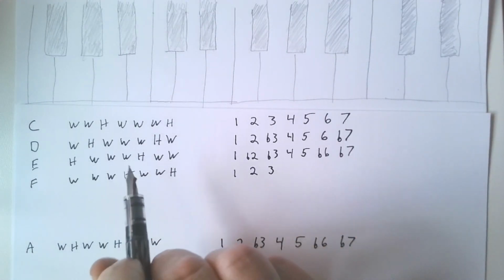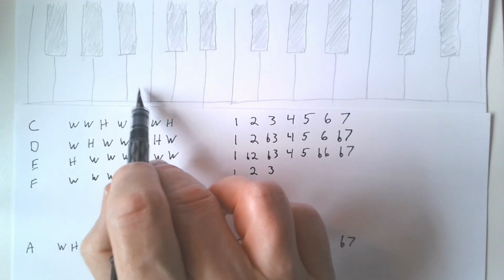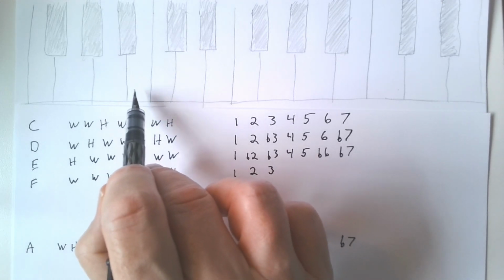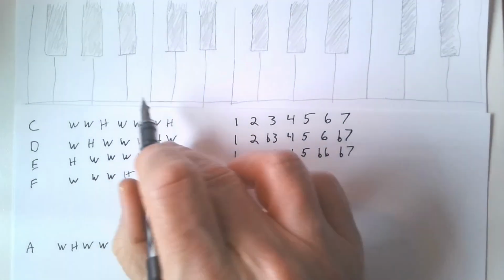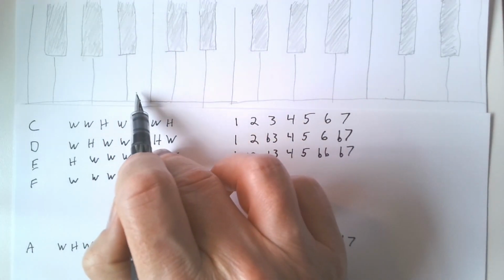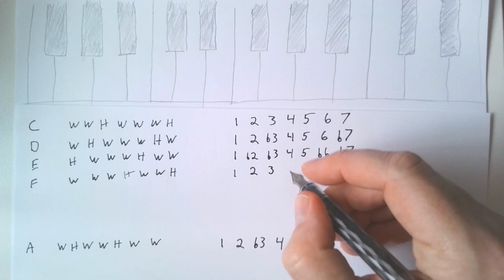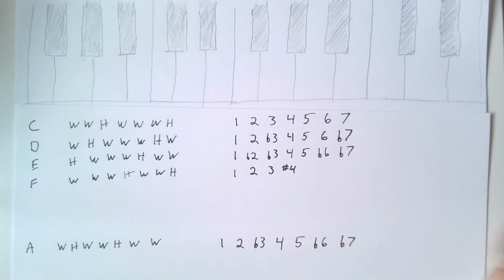The problem is this whole step right here. So this is the 1, the 2, the 3, but it's a whole step, not a half step, to that 4th. So that is not going to be the 4. The 4 would have been the B flat, but the 4 here is going to be B natural. We're going to call that the sharp 4.